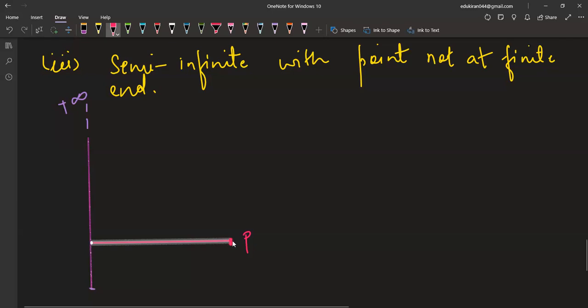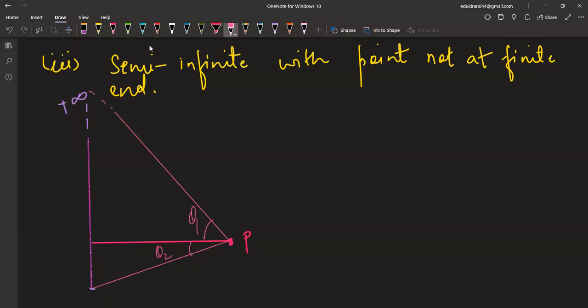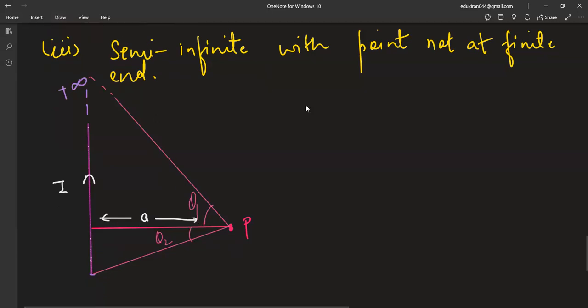Again, when you extend from this side, this angle is θ1. Then extending this finite part, you will get some θ2 value. This is going to infinity. Again, you have current I moving, and the separation is A.